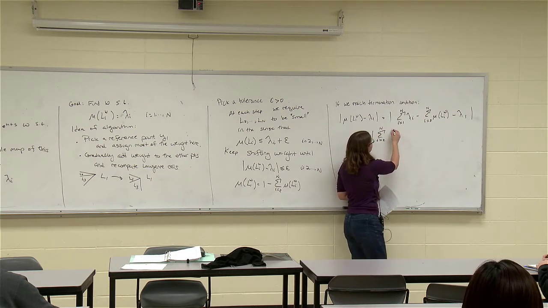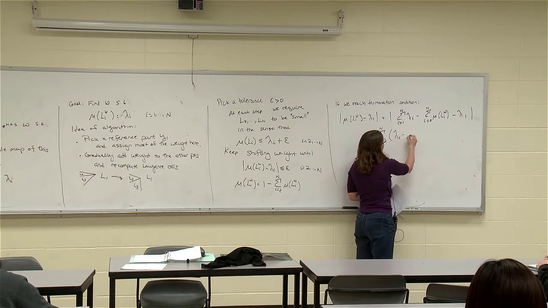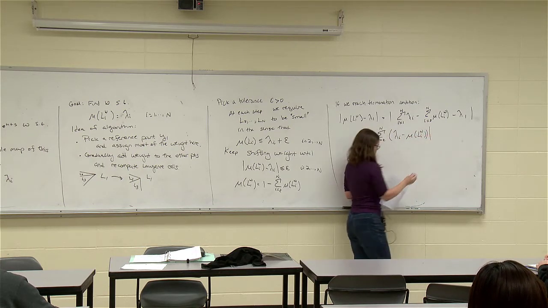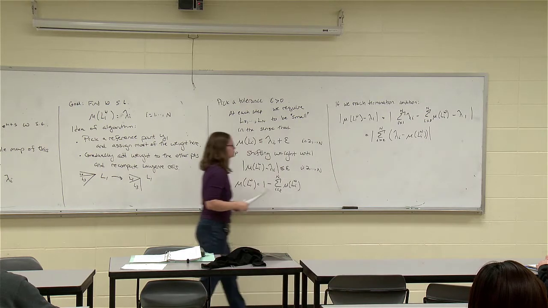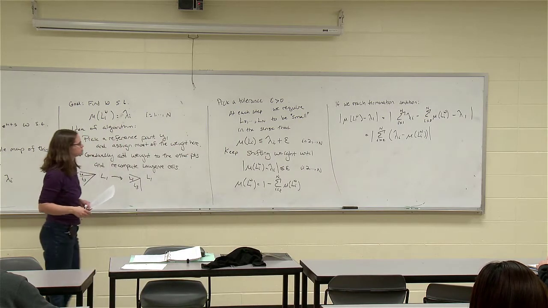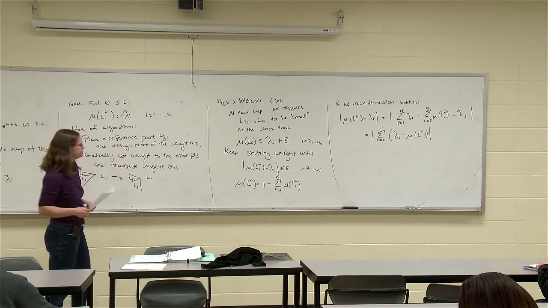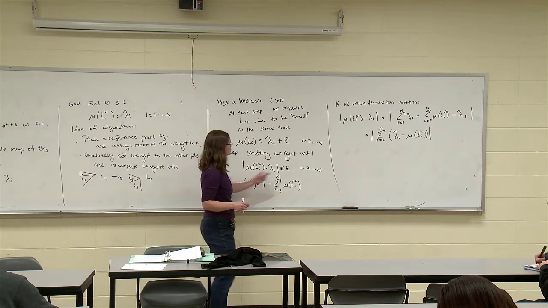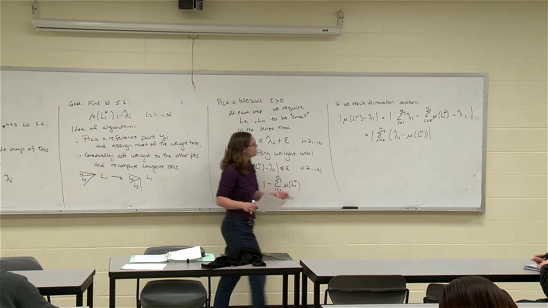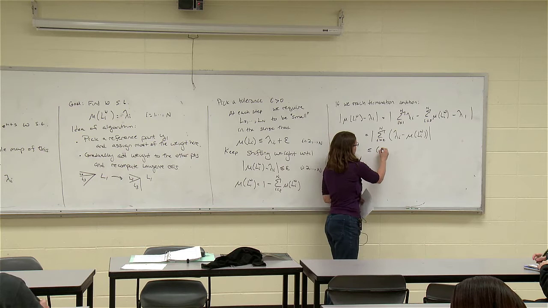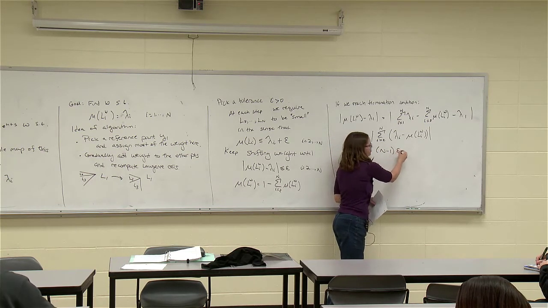What do I have? I have the sum of mu of L_i minus lambda_i. Okay, I have bounds on every term in the sum, right? They're in magnitude always less than epsilon. There's n minus 1 of them. So this is bounded by n minus 1 times epsilon.